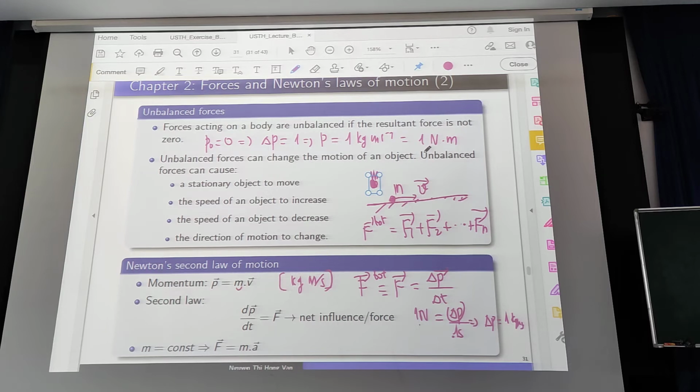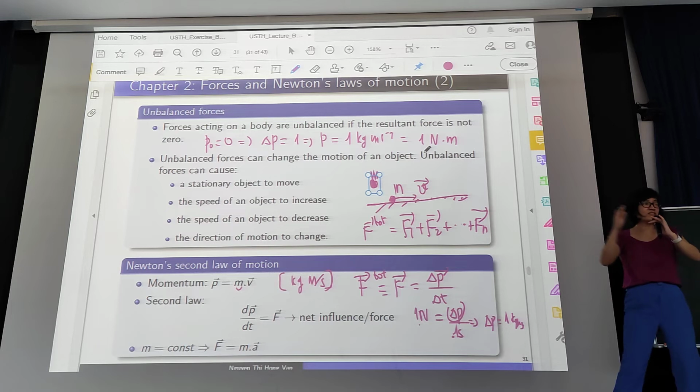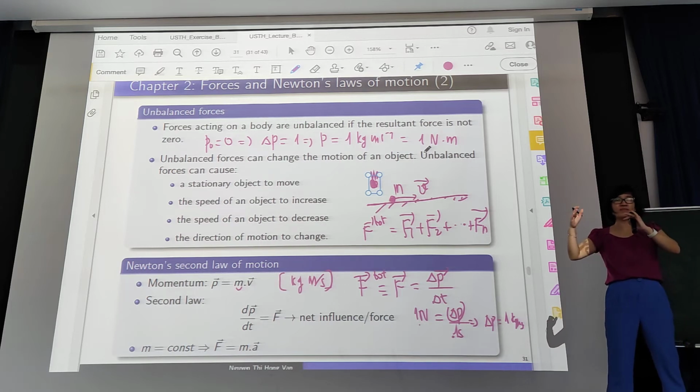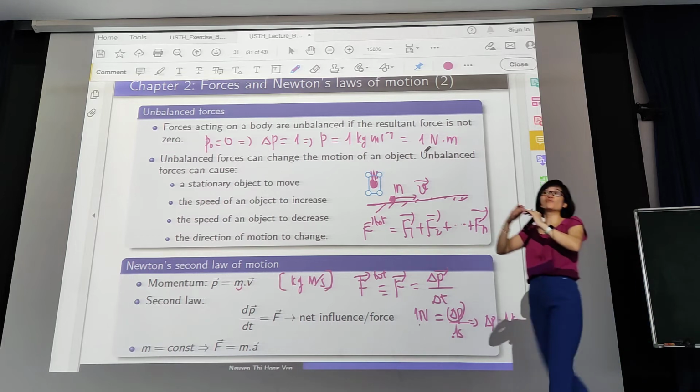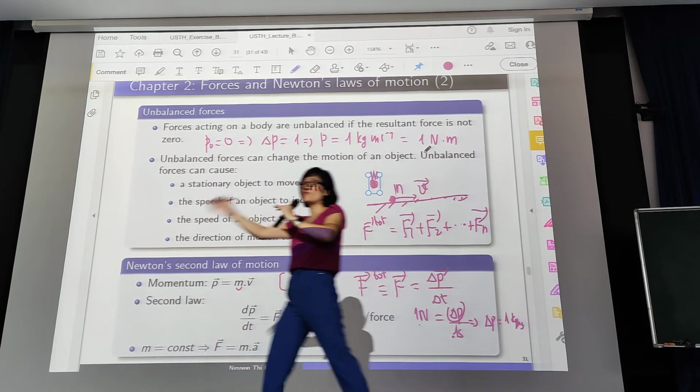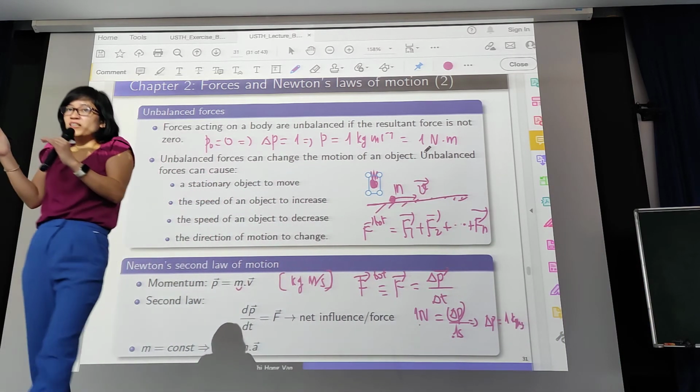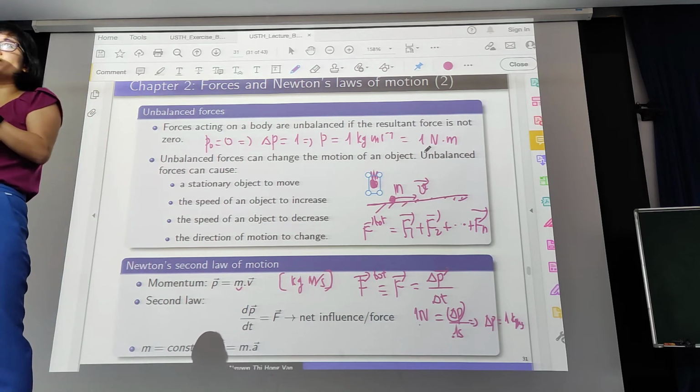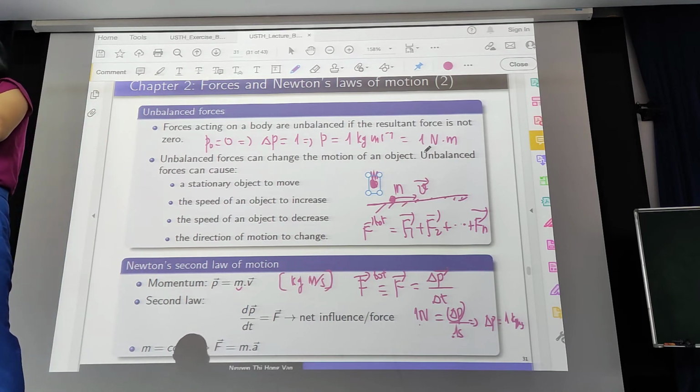Okay? Each second, this force changes the momentum by 1, and if you act for 1 second more, the momentum increases to 2, then 3, then 4. Every second, it increases the momentum by 1 Newton second. That is the meaning. Okay?